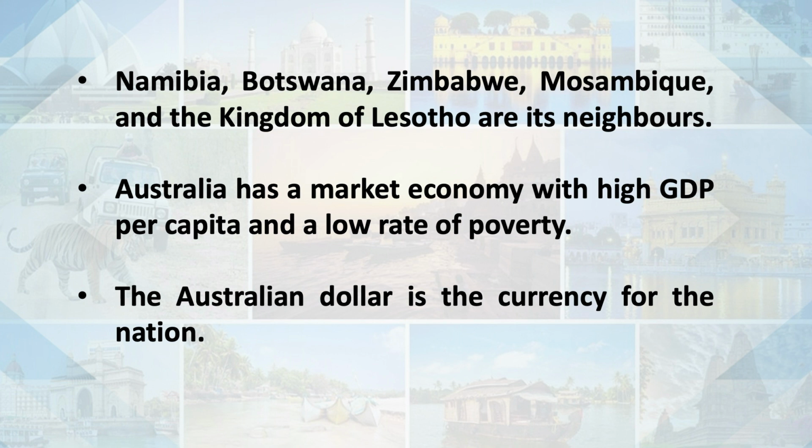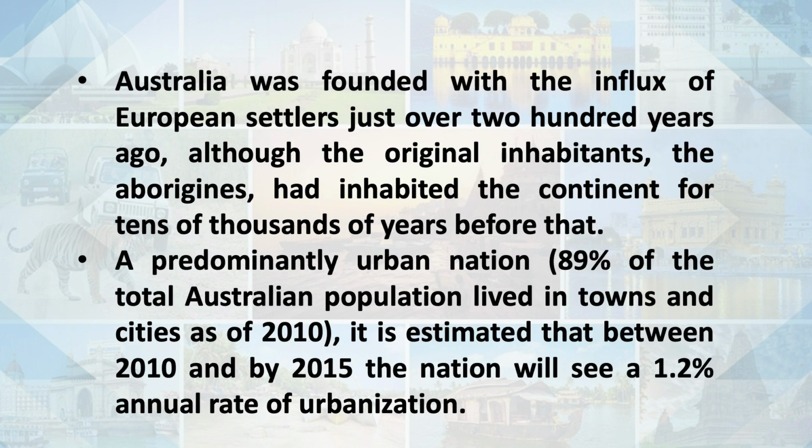Dear students, when we talk about the background, Australia has a major market economy with high GDP per capita and a low rate of poverty. The Australian dollar is the currency of the nation. Australia was founded with the influx of European settlers just over 200 years ago. So it's not a very old country as far as European settlement is concerned, although the original inhabitants, the Aborigines, had inhabited the continent for tens of thousands of years before that.